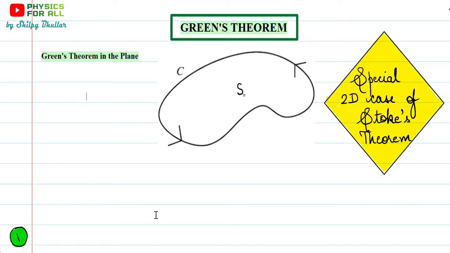When we were discussing curl of a vector function in terms of Cartesian coordinates, there we solved it for a particular xy plane. We did the complete solution for the xy plane, and then we said that the similar pattern goes for the yz as well as the zx plane.